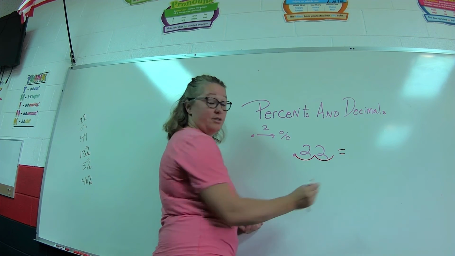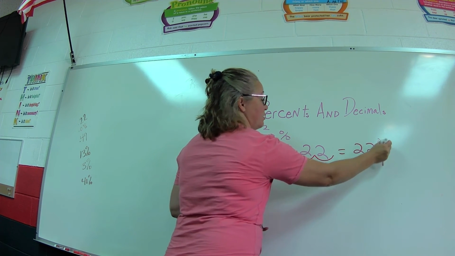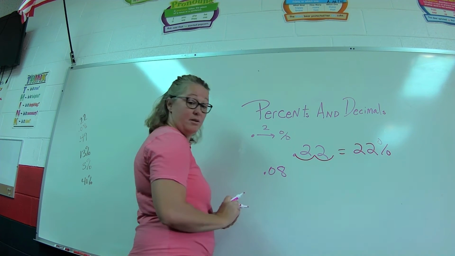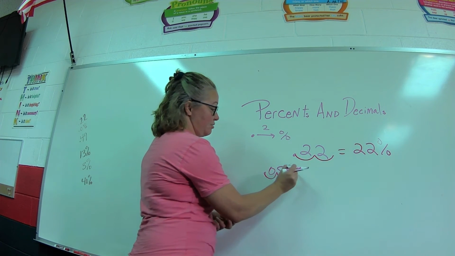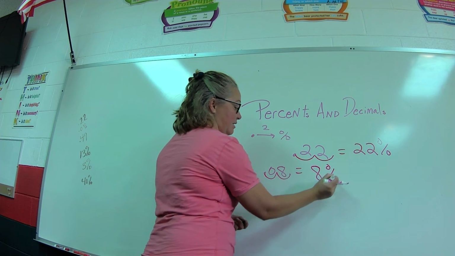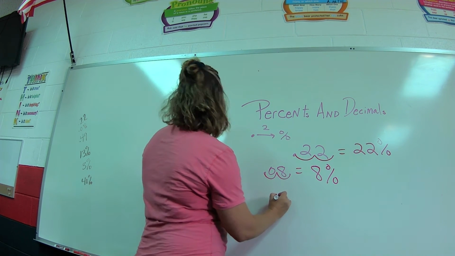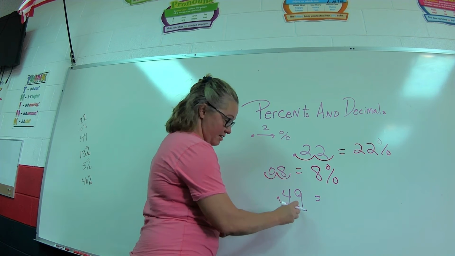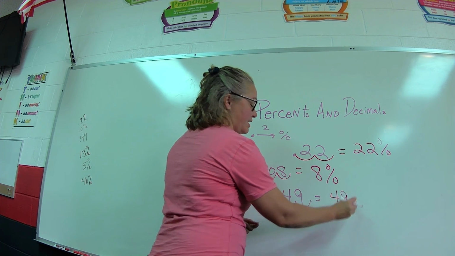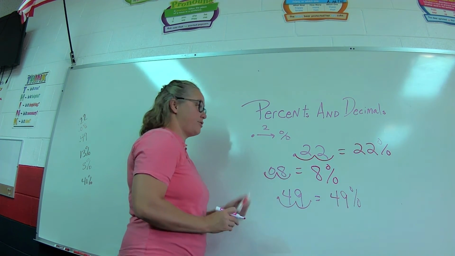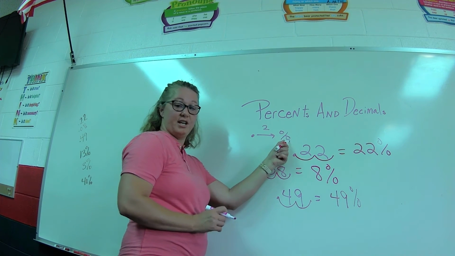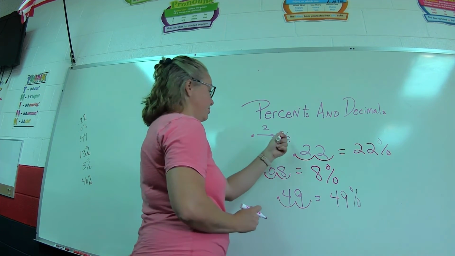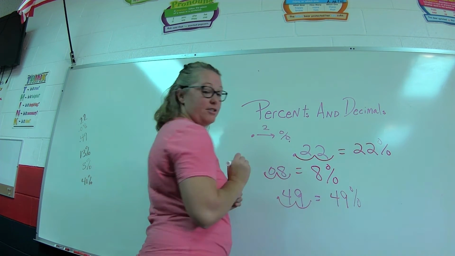So 0.22 is 22%. 0.08, 1, 2, 8%. 0.49, go 1, 2 equals 49%. So if we're going from decimal to percent, I go 2 places to the right. Decimal to percent, 2 places to the right.